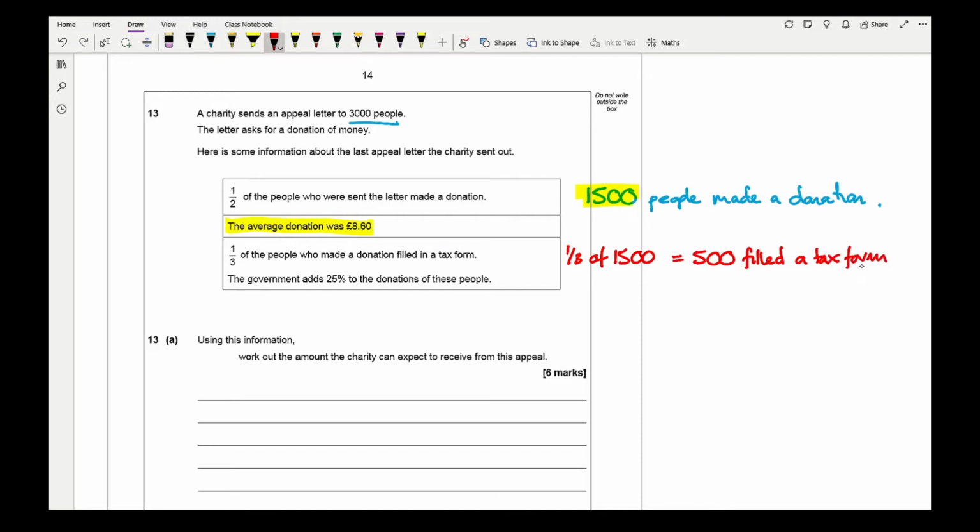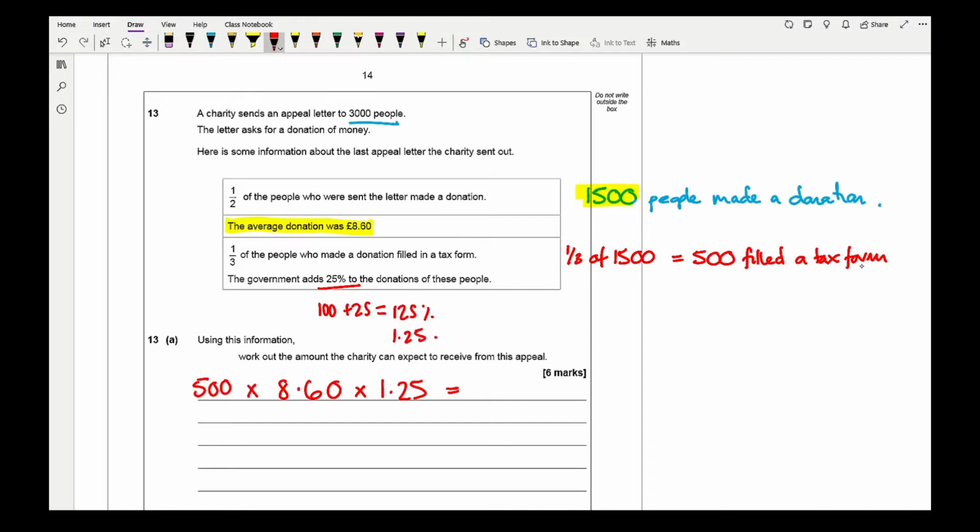And it said that the government adds 25% of the donations to these particular people. So from this bit of information, we've got 500 people who donated £8.60, and on top of that £8.60 they get a 25% increase, so that's going to be 1.25, because 100 plus 25 is 125, and as a decimal that is 1.25.